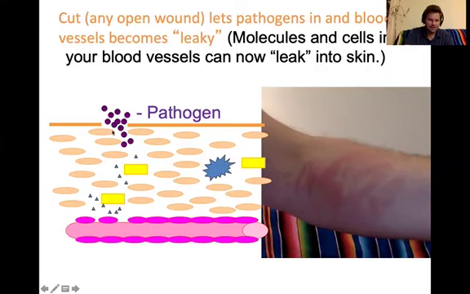So if you get a cut, pathogens are going to enter. And so what happens is most of the components of what is about to be under your skin is in your blood seconds before it. And so when you get an injury of some kind, your blood vessels actually get leaky, which means that things that are moving in your blood vessels a second before are now going to start to leave your blood vessels and move to the site of the injury, of course, to try and kill the pathogens.